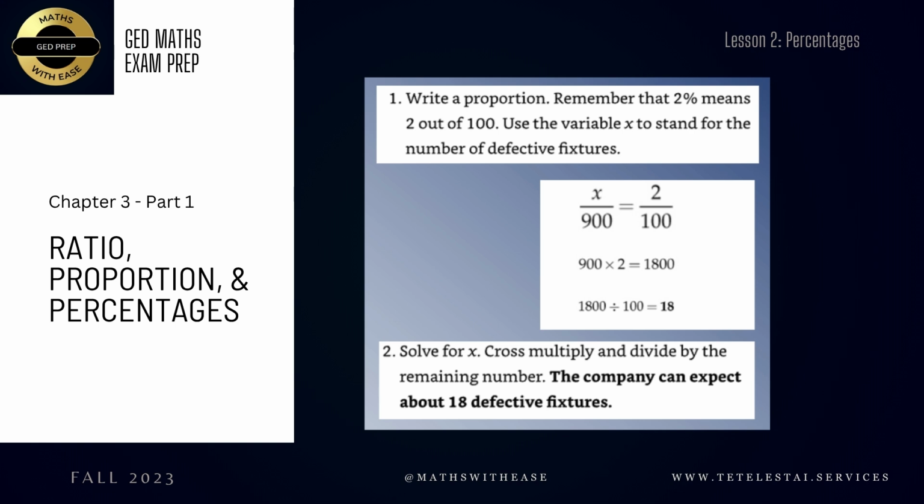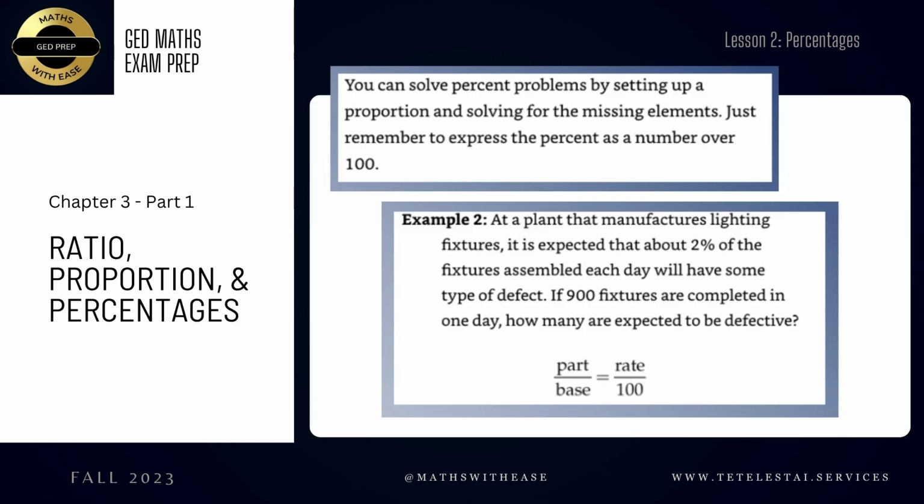So let's walk through the logic in this question again so that you can see how you should be approaching the question to get clues from it, okay? So again, the question is telling you that at a plant that manufactures lighting fixtures, it's expected that about 2% of the fixtures assembled each day will have some type of defect, okay?